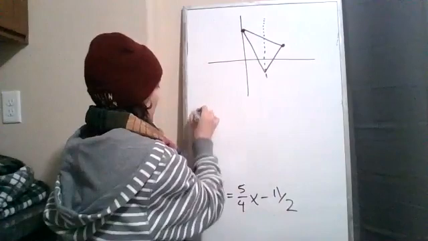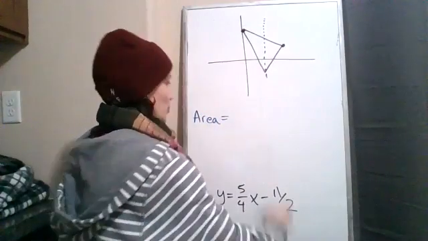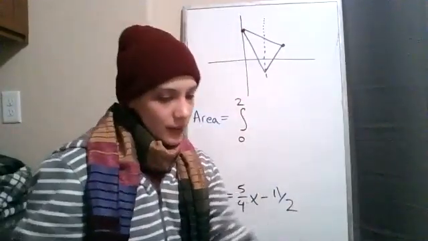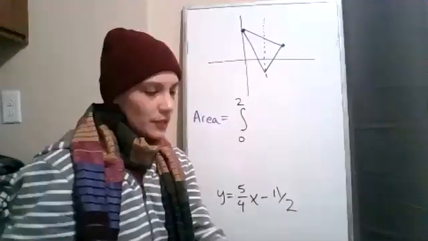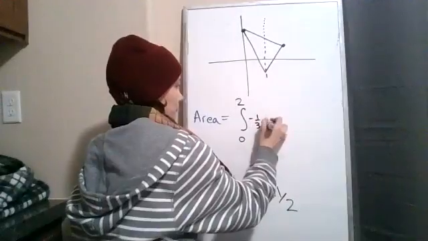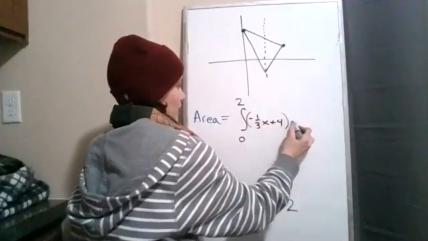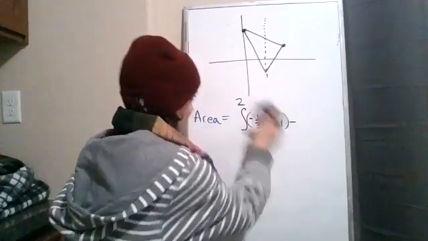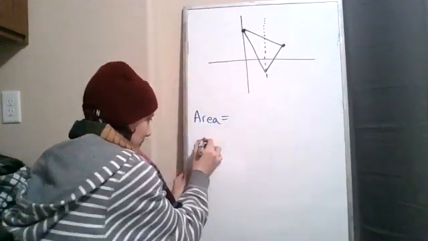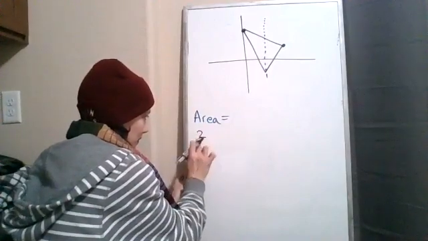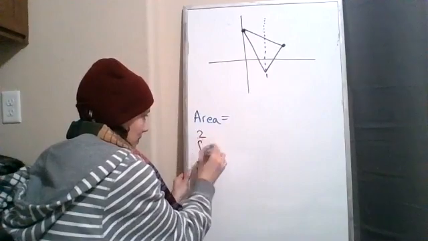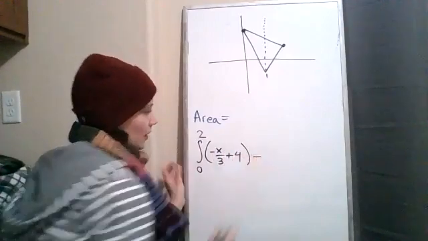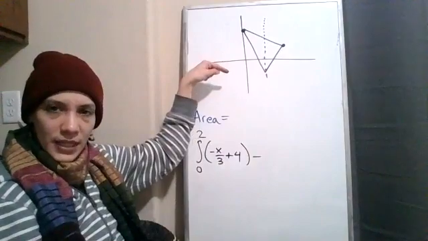So you start of line A, so guys, negative 1/3 x plus 4, minus line, what was this, B?